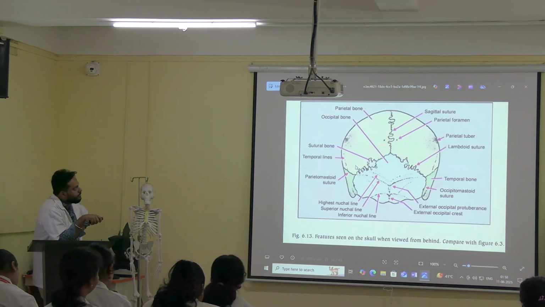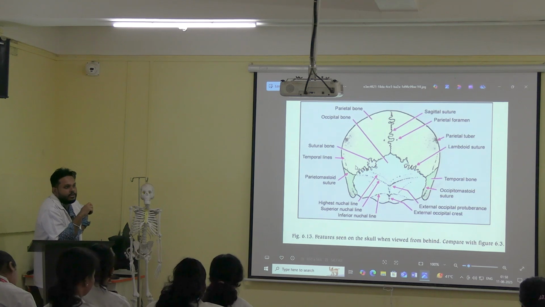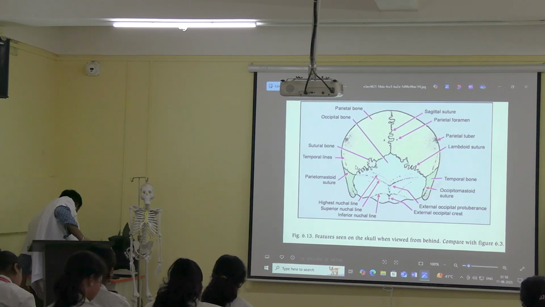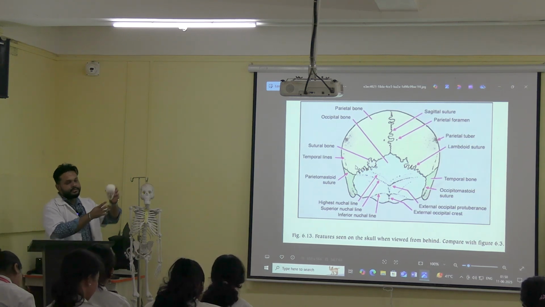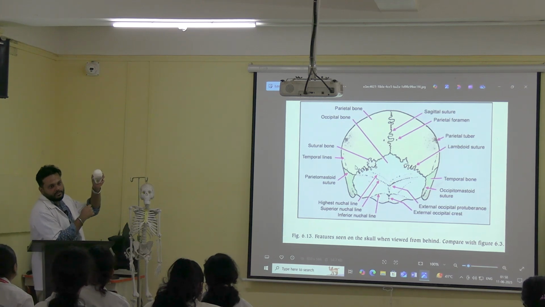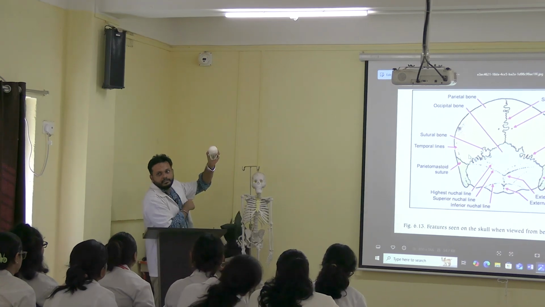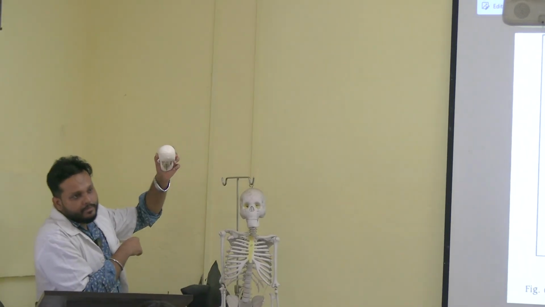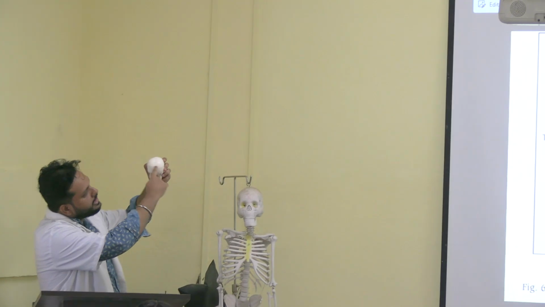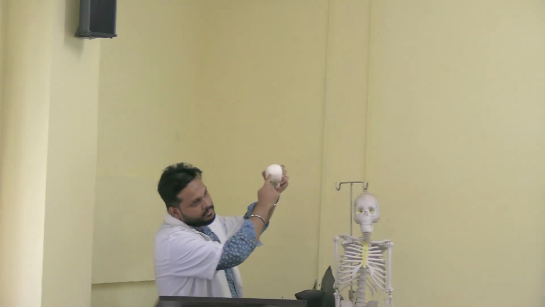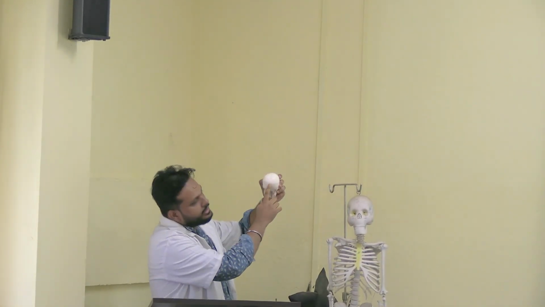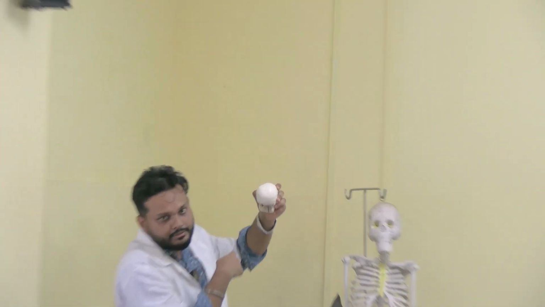Okay, these are the parts that we see in Norma Occipitalis. See, these are the parts. Which suture is this? Lambdoid suture, lambda shaped, separating which bones? The two parietal bones, and this one is the occipital.